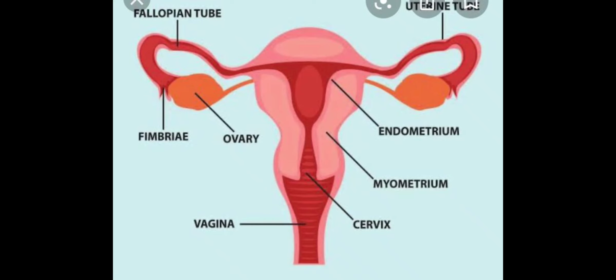Each ovary is covered with a thin epithelium. The ovarian stroma has two parts: the cortex, which is the outer region, and the medulla, which is the inner region. This is for the ovary part.